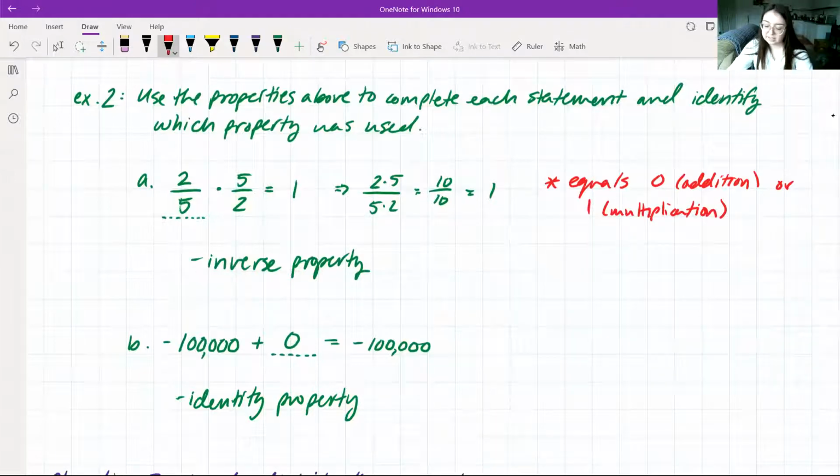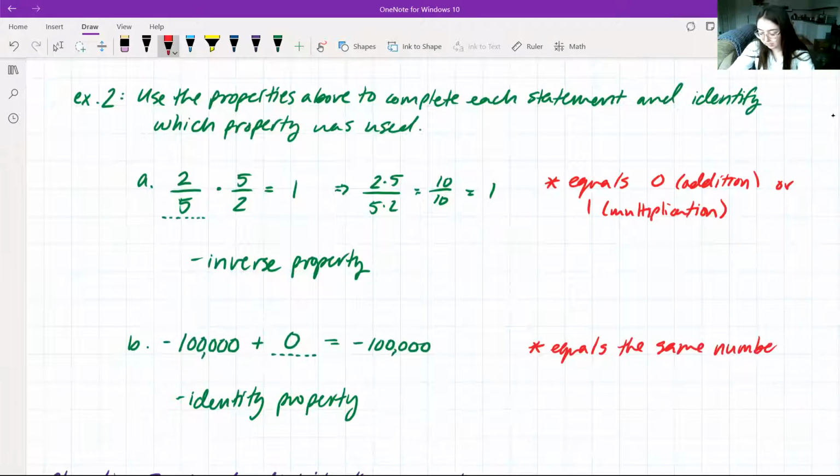And when we're dealing with our identity property, whatever expression we have equals the same number. So we're looking for these answers that we get, whether they're going to be 0 or 1, or if they're going to be that same number. So that's how we can identify those differences between our inverse property and our identity property.